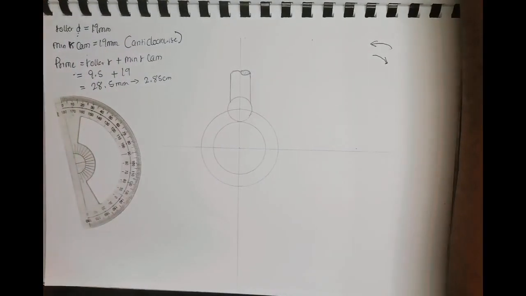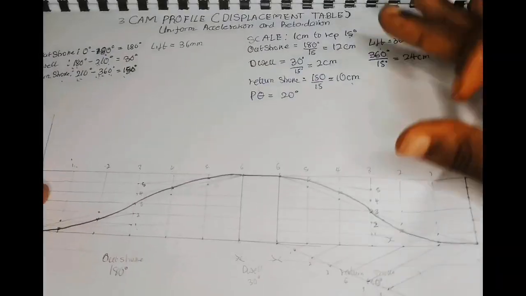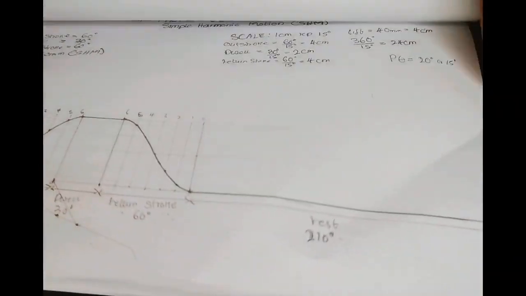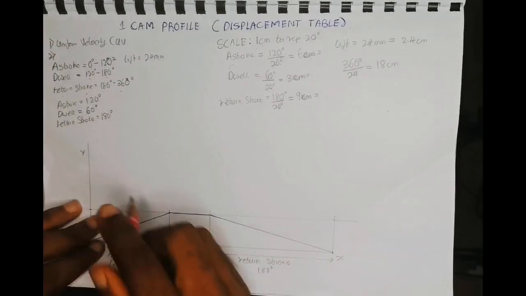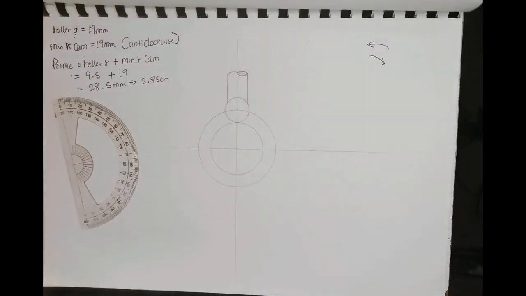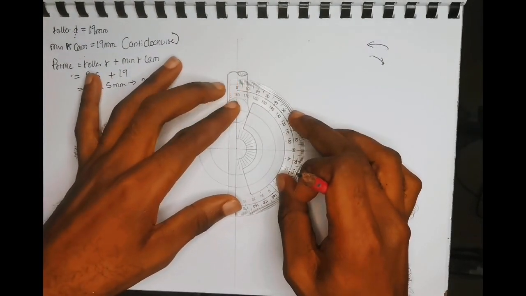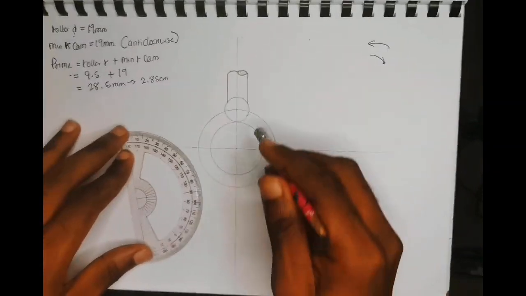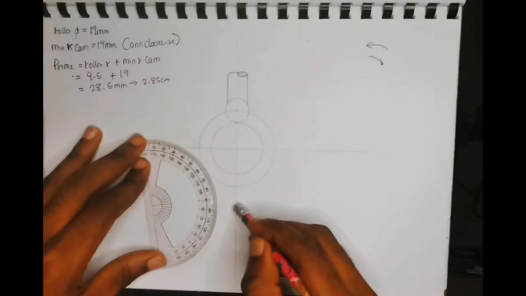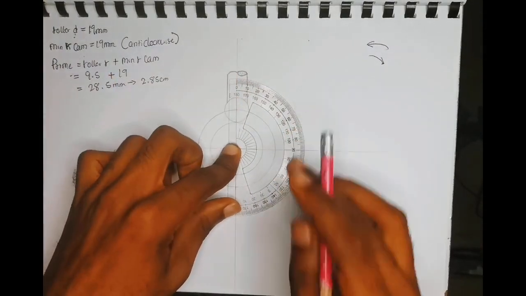Let's recall back to our question, our displacement table. Our outstroke here is 120 degrees, so we measure 120 degrees. Place it here. This is the 0 point of the outstroke.